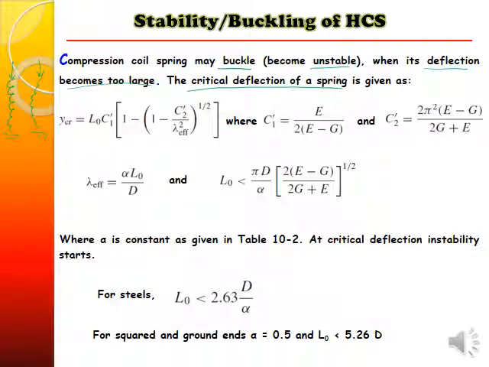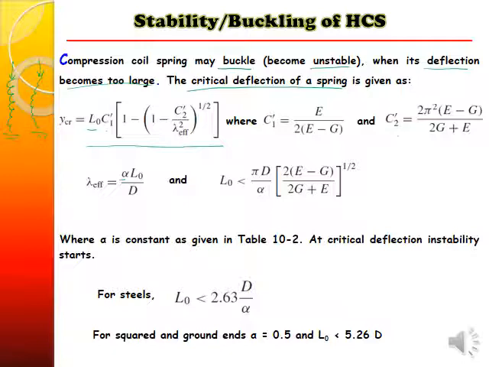The critical deflection of the spring is given by this equation, where this is the free length, and C1 and C2 prime are constants which depend on the material parameters. Lambda effective is dependent on alpha, which depends on the end condition.